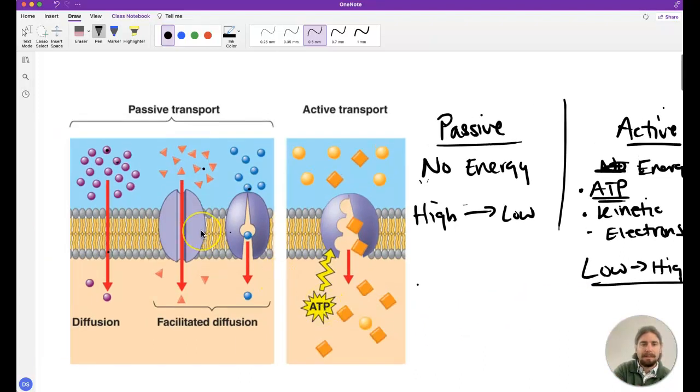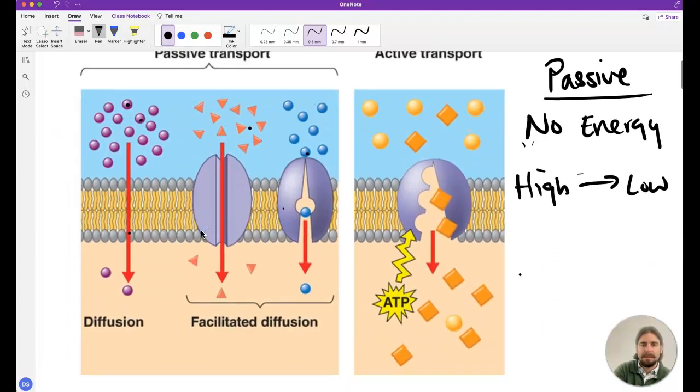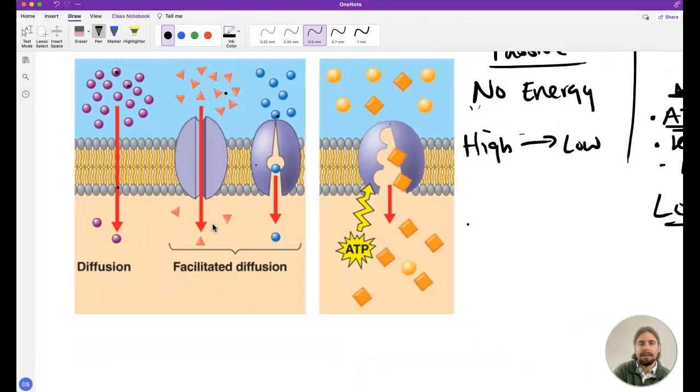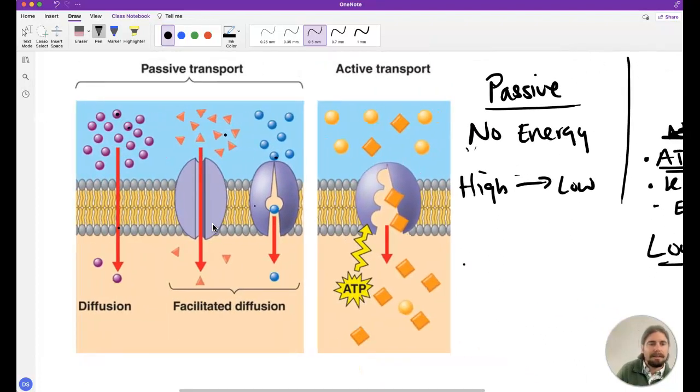So let's take a look at our examples of passive transport, which is what we're going to get into a little bit more than the active stuff. I'm going to go ahead and label these 1, 2, and 3 just for your reference. And I want to remind you that the main characteristic of the phospholipid membrane is that it is nonpolar. This is important because nonpolar things typically have an ability to cross the membrane that polar or charged things do not have.